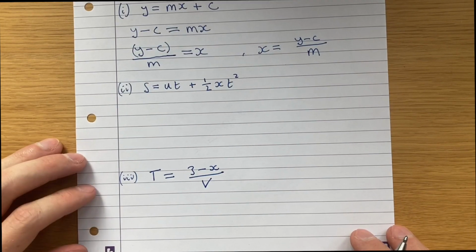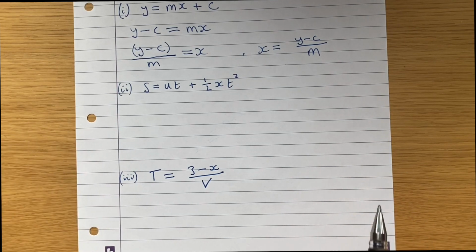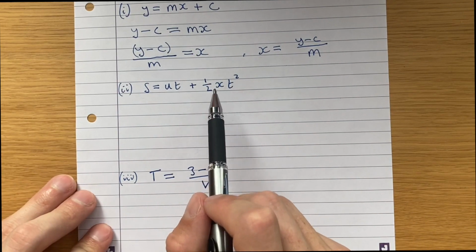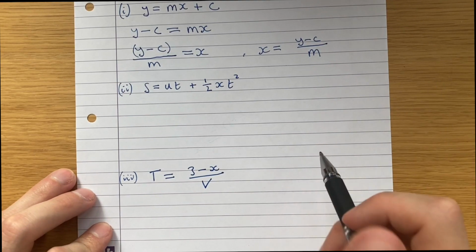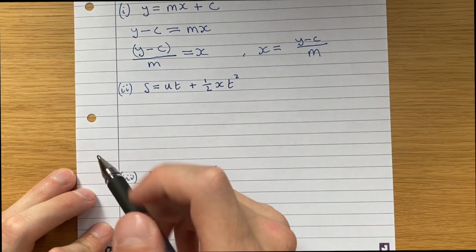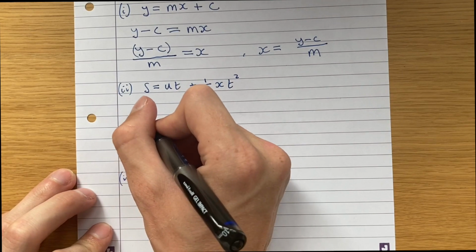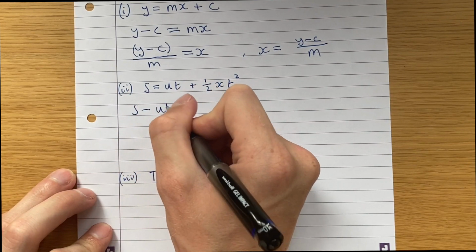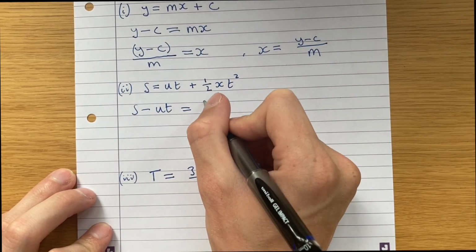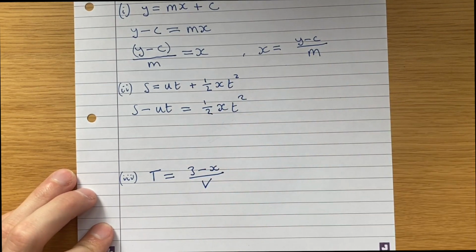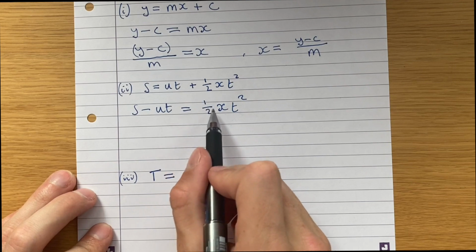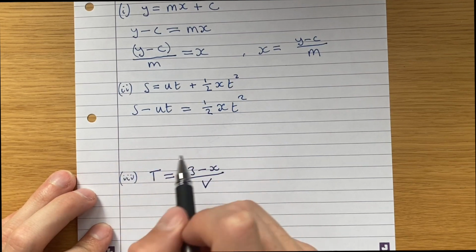So s is equal to ut plus a half xt squared. Again, we're making x the subject, so we want x on its own on one side equaling something. Well, first off, let's get rid of the other term on the side of x. If we minus ut from both sides, we'll get s minus ut is equal to 1/2 xt squared. Now, we can get rid of the half by timesing both sides of the equation by 2.